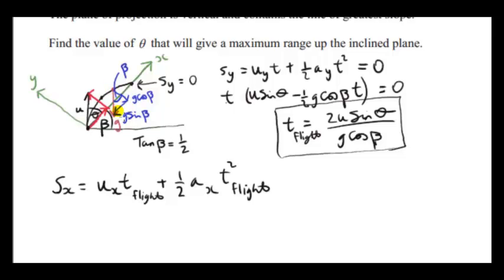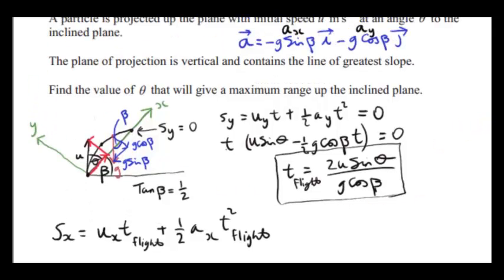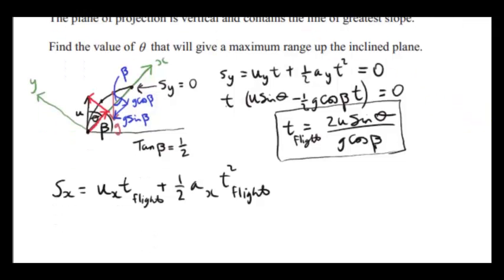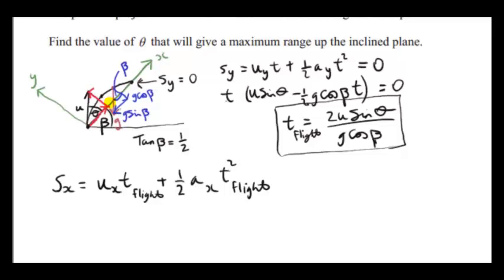So we need the x component of the acceleration. That's minus g sine beta, which is constant. So the projection moves linearly, on a line with constant or uniform acceleration ax.